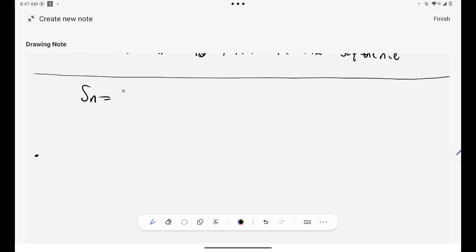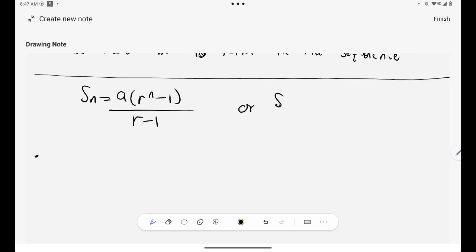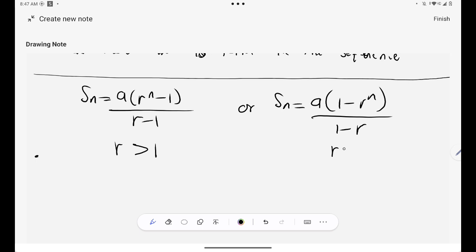The formula says Sn is equal to a(r to the power n minus 1) all over r minus 1, or you can use this one, a(1 minus r to the power n) all over 1 minus r. We use the first one whenever r is greater than 1, and we use this one whenever r is less than 1.